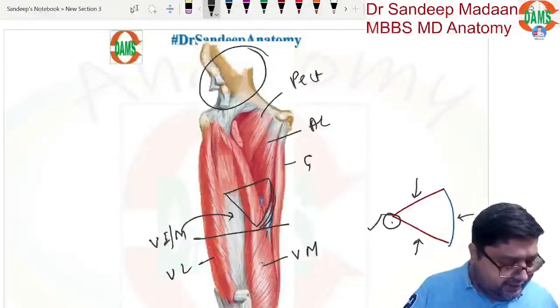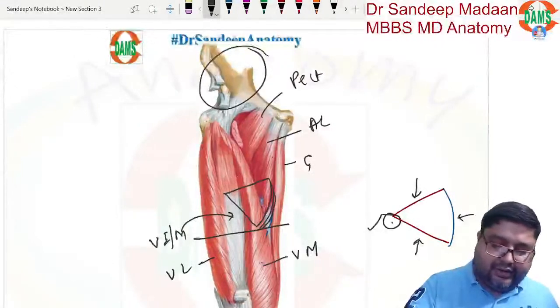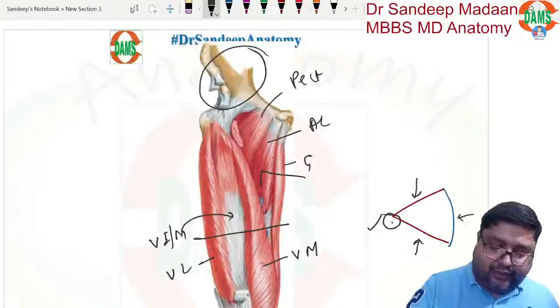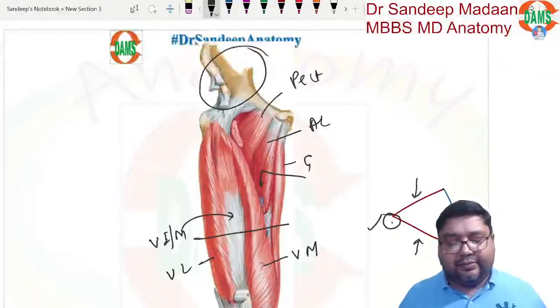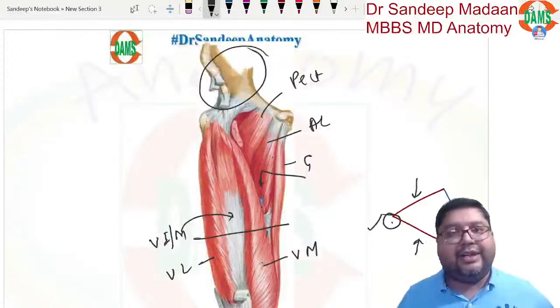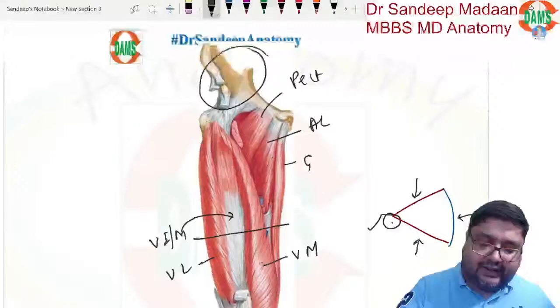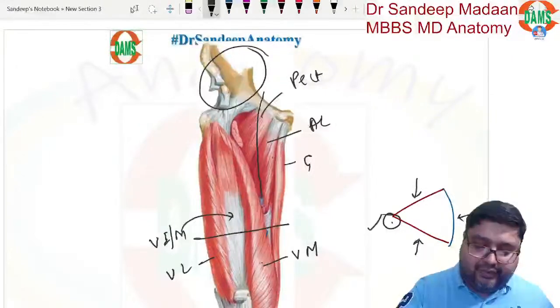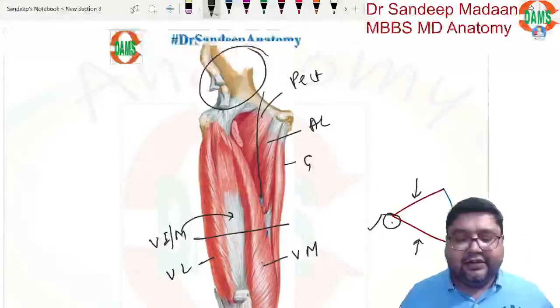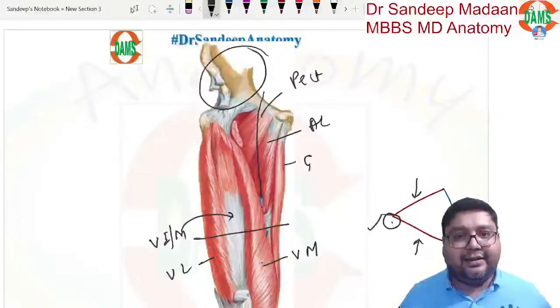Do you appreciate now? And here let me show you this, where I am putting the arrow. This is the gap where we have the adductor canal. And if I show you the continuity, these vessels are coming from above, no? These vessels, that is femoral vein, femoral artery, etc.